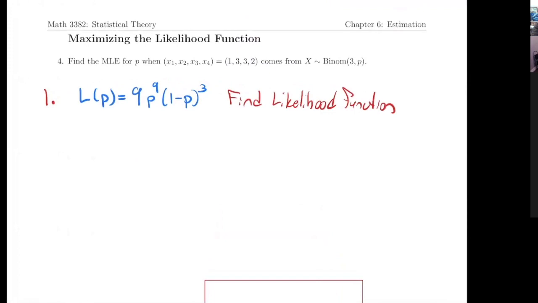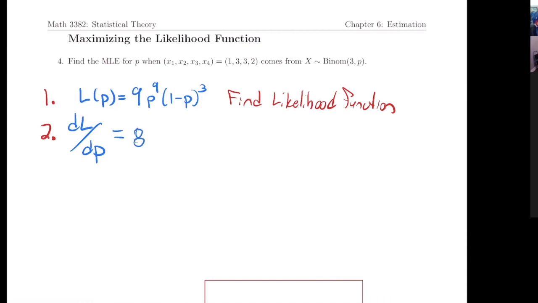So after we find the likelihood function, then we're going to take the derivative of it. And we're going to take the derivative of it with respect to the parameter that we're going to try and find. Because again, the goal here is we're going to find the value of this parameter that makes the likelihood function greatest. So in this case, we can take the derivative on this using product rule.